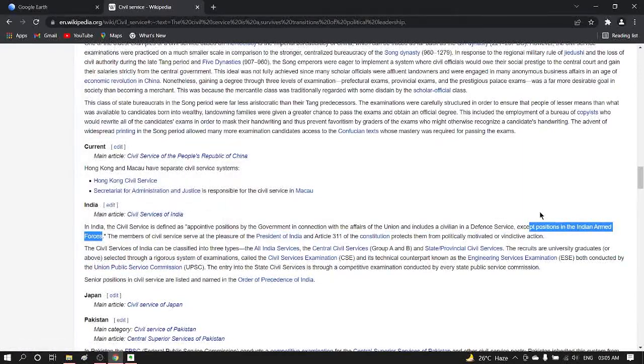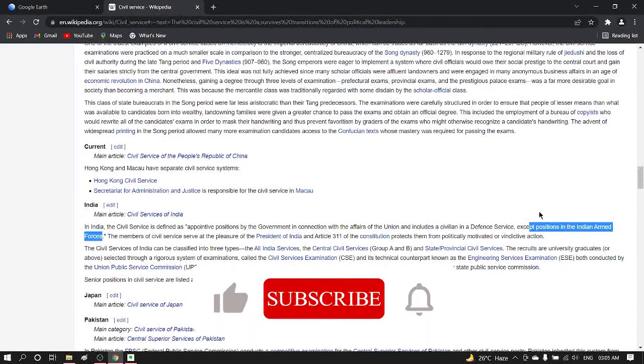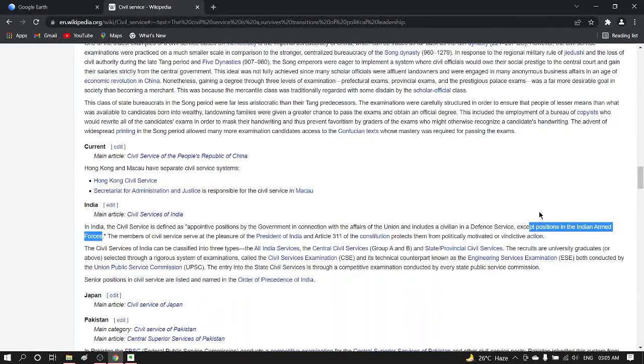So the soldiers who are serving Indian armed forces, we cannot call them civil servants, civil service. It's a uniformed position which is very different from the term civil. Okay, civil is for non-uniformed people or people who are serving the common people, a common man.